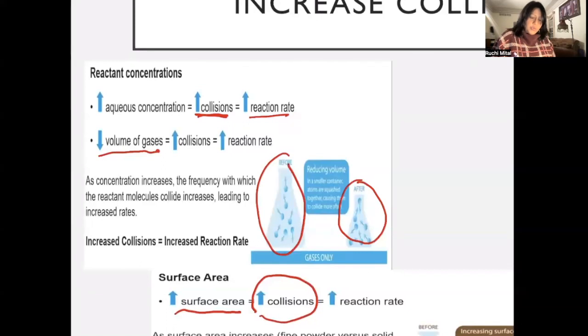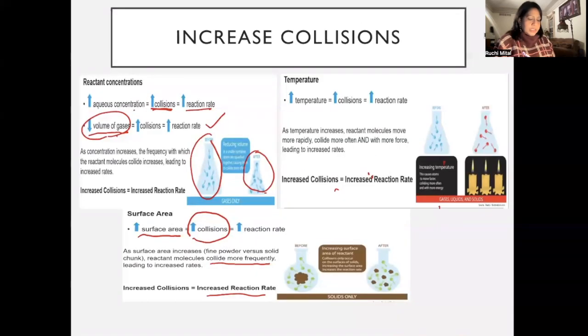So if you decrease the volume, the reaction rate will increase. Be careful with this when understanding the difference between volume and concentration. A decrease in volume increases collisions. Make sure you understand this only applies to gases. It will not apply to any other phase.